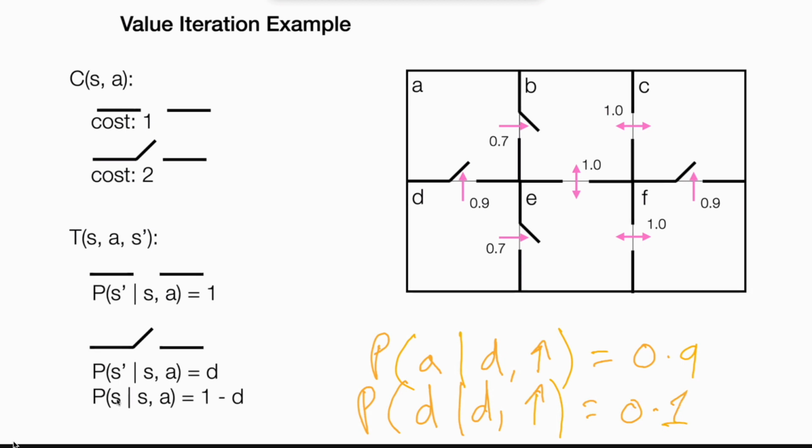So we're looking at this action, and this is our transition function for being in state D and applying up. This is the example we'll use, and our goal is to reach C. So we're going to solve a stochastic shortest path problem to get to C.